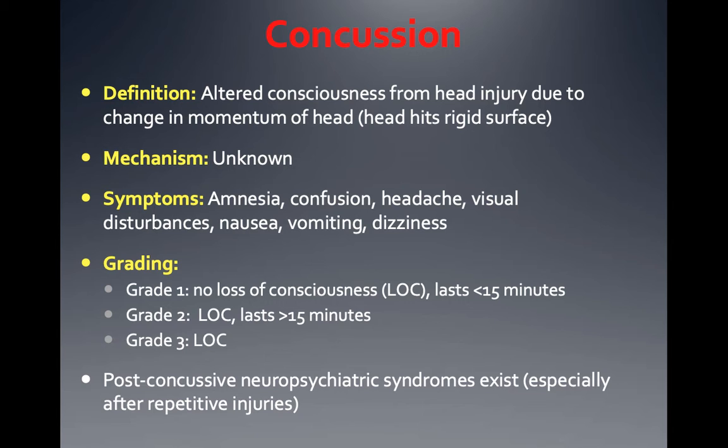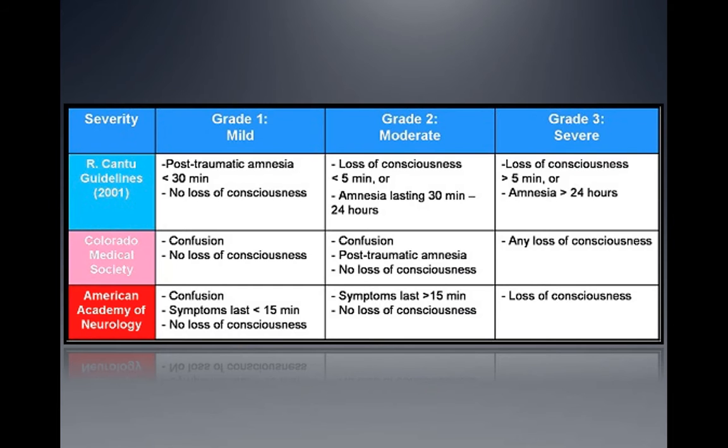Post-concussive neuropsychiatric syndrome exists, and this is a lot of times due to traumatic brain injury because of repetitive injuries to the brain. These are just some other ways, and you can see there are multiple different guidelines that can be used in order to grade concussions.